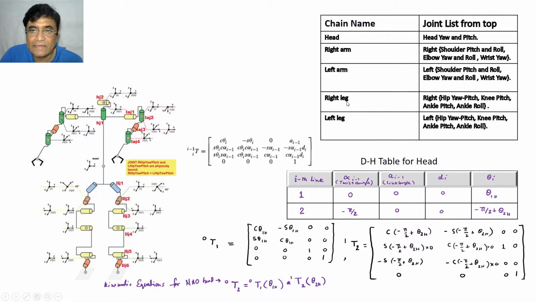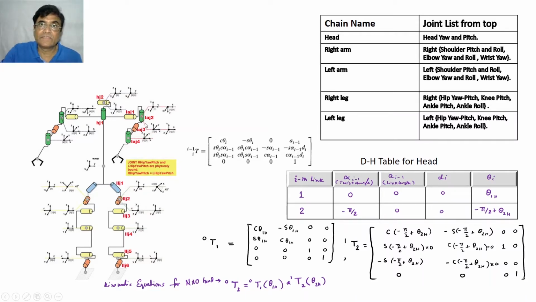Then the right and left legs are again symmetrical. The right leg has hip yaw pitch, knee pitch, ankle pitch, and ankle roll. Same is the story for the left leg. Having done that, clearly and correctly assign the coordinate frames, same old story.